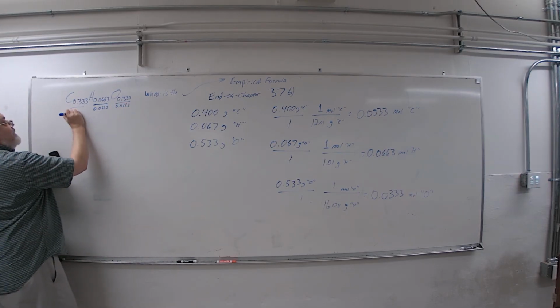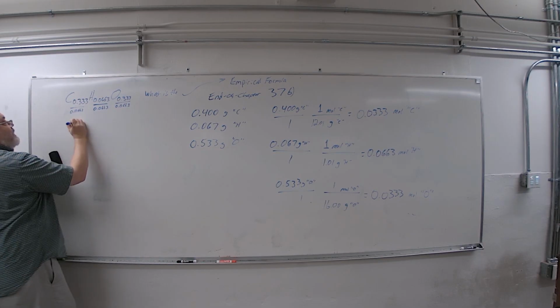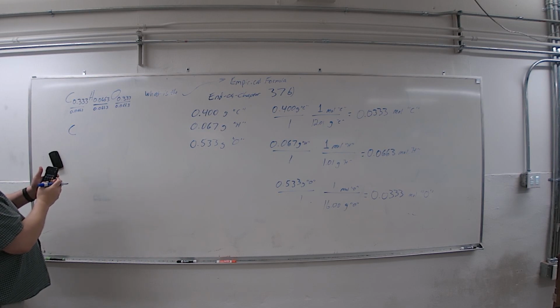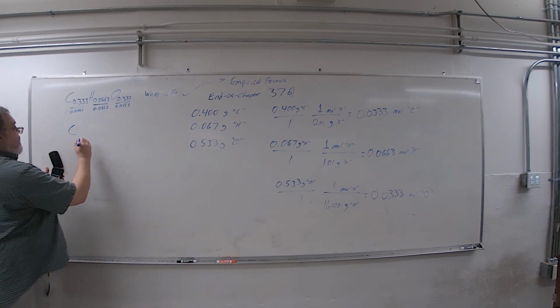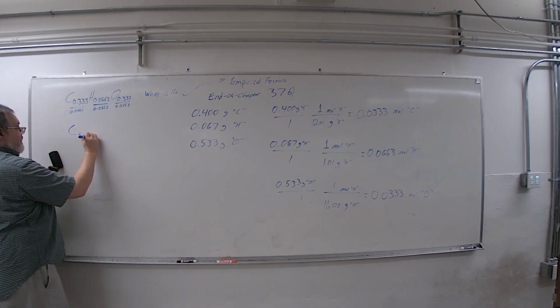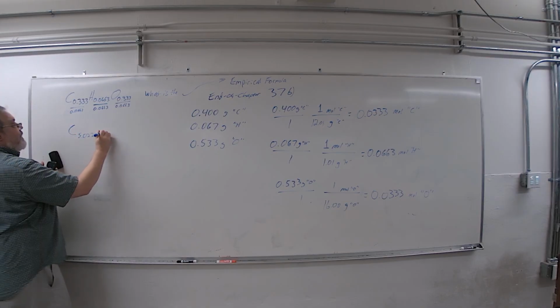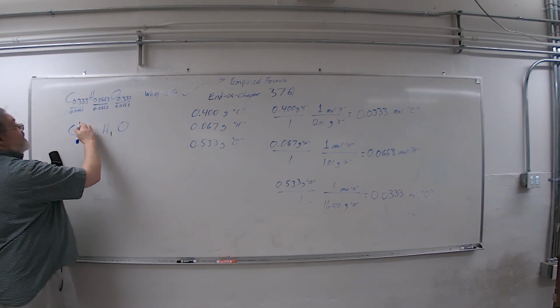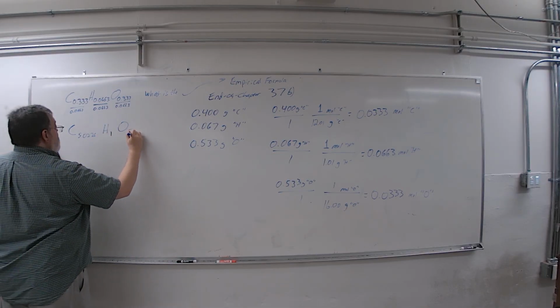Smallest number, we get 0.333 divided by 0.0663. H, that's going to be 1. Oxygen, that's going to come out to the same.